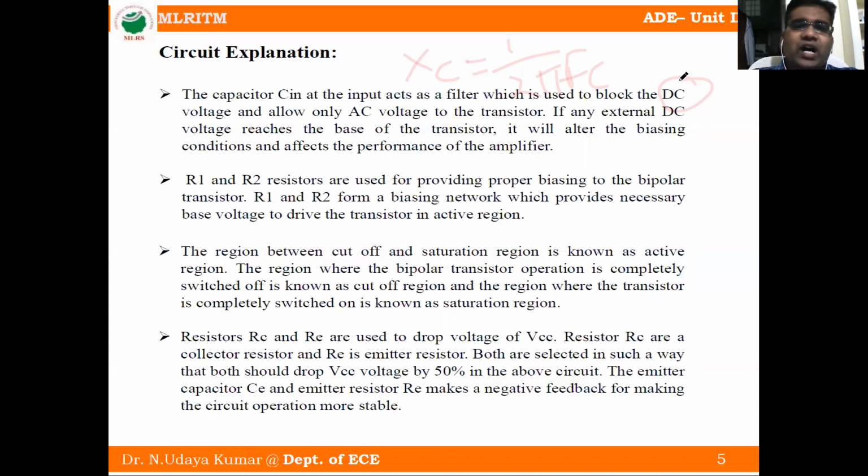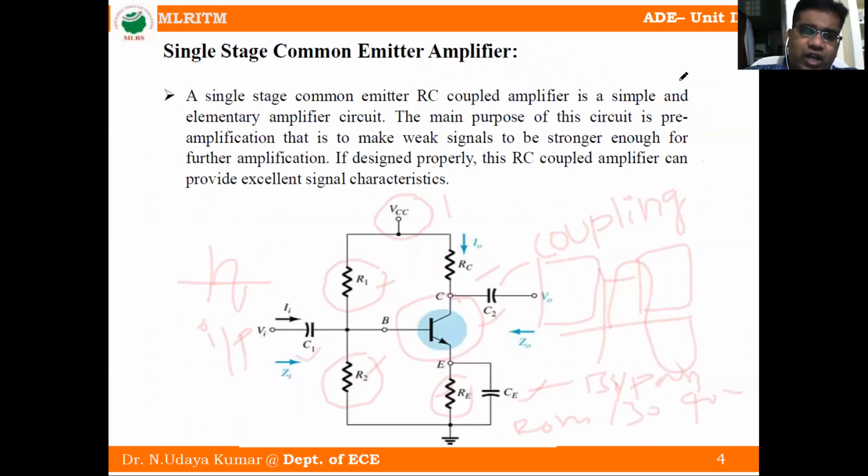Okay. R1, R2 resistors are used to provide the proper biasing to the transistor, and R1, R2 form a biasing network which provides bias voltage to drive the transistor in active region. This R1 and R2 we have seen in the biasing circuit.